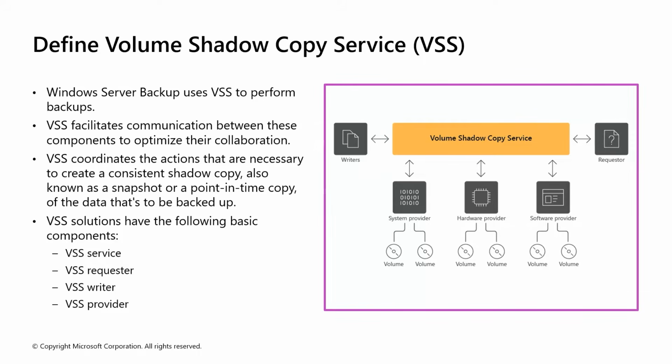Second, requesters, like backup software. Third, writers, such as applications that manage data. And fourth, providers, for example, storage hardware or software. VSS enables you to restore files or entire volumes to a previous state, minimizing data loss and downtime.